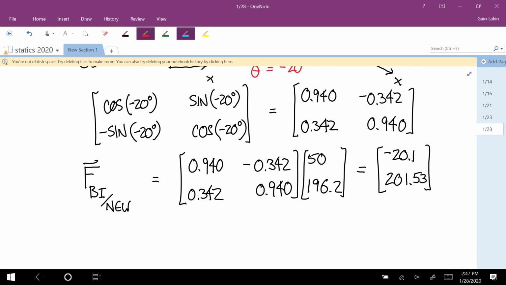So this is the force of friction, and this is the normal force. So any vector that you have expressed in one coordinate system, you can express it in a rotated coordinate system with just this matrix multiplication. And I don't expect anyone to feel comfortable with that yet, but that's something that's useful, and we'll talk about it more here and there as this class goes on.